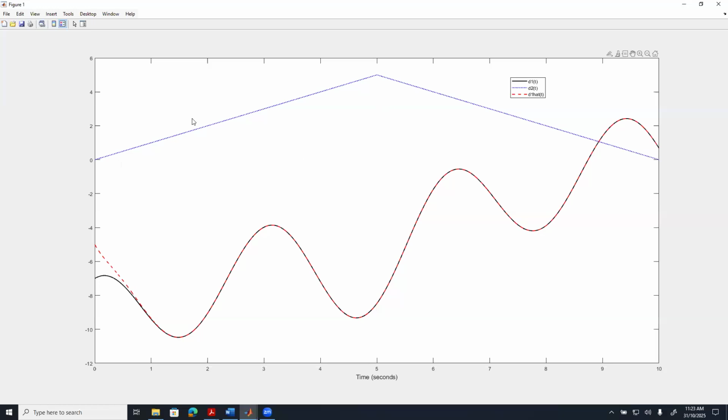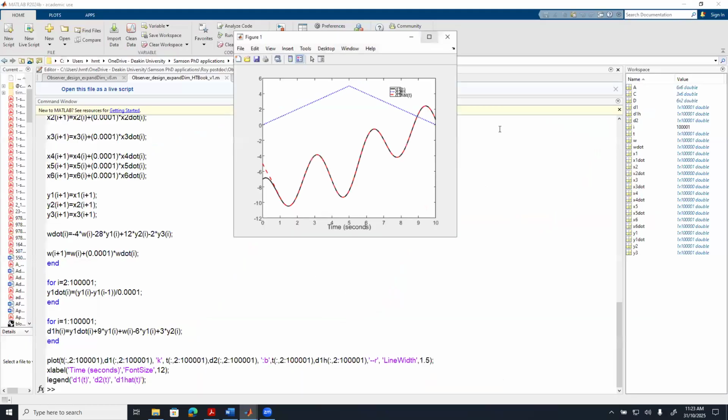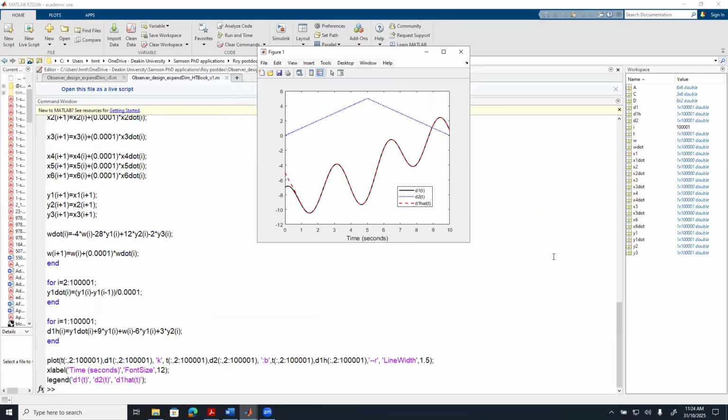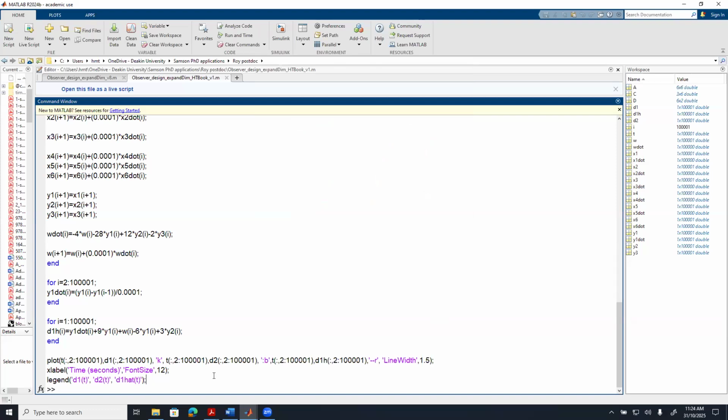It can be anything, but we just generate a ramp type unknown input and a sinusoidal type unknown input for D1. The main thing that we see here is that the estimated unknown input is asymptotically converging to the true unknown input. So d1 hat of t converges asymptotically to d1 of t. We can also look at the error difference, and it should be 0 as well.